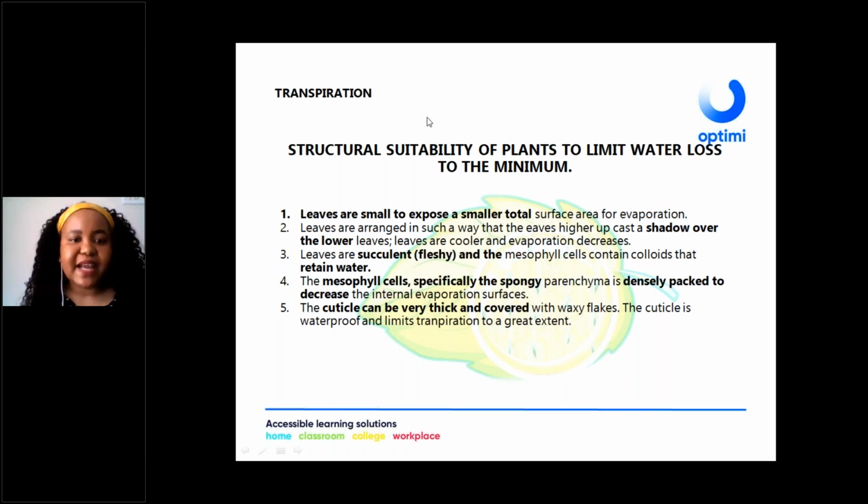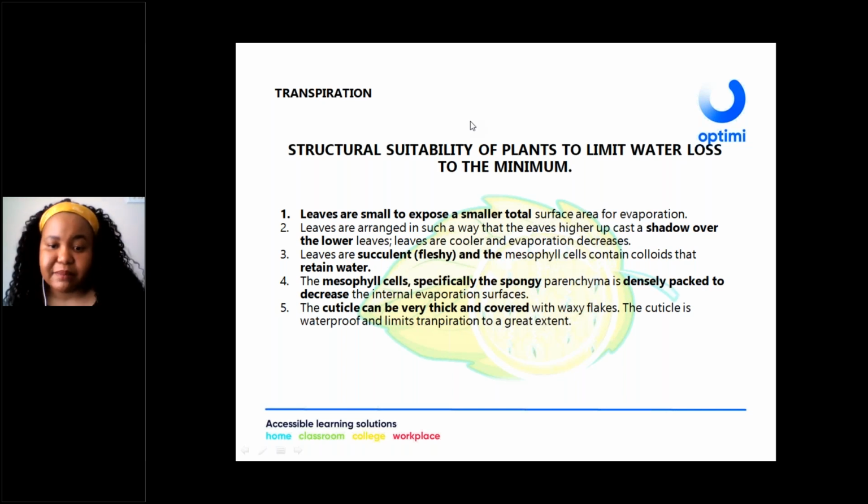So the leaves that are on top will cast a shadow onto the other leaves that are below, and that decreases the evaporation process. The cooler it is, the less water will be taken out by the plant.